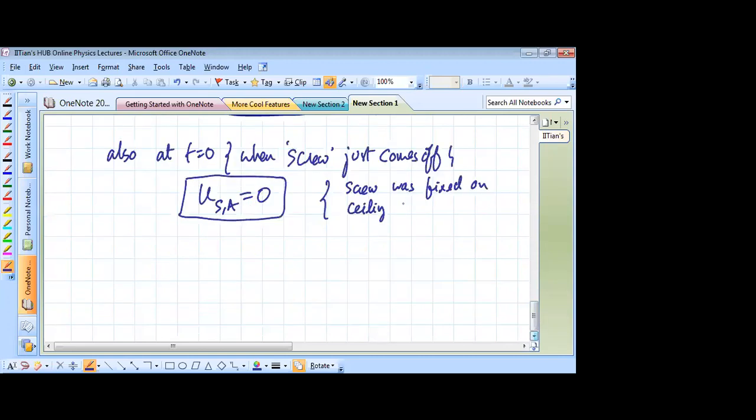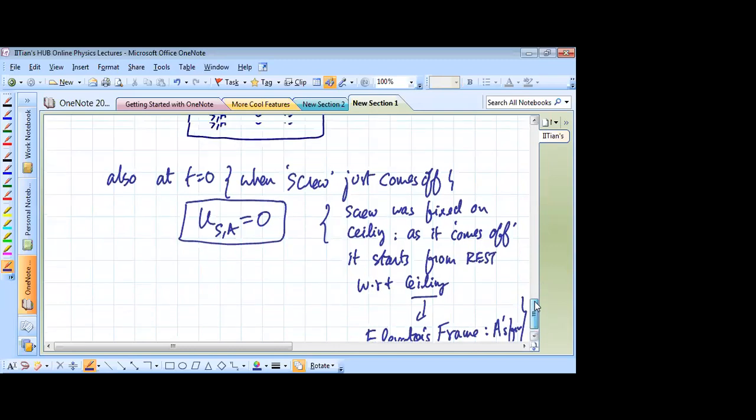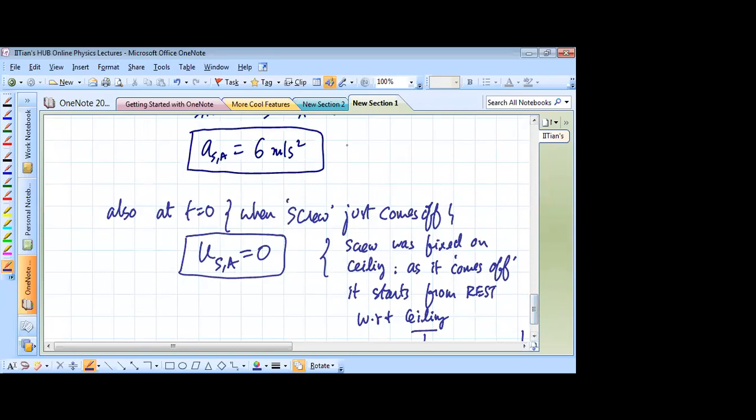So as it comes off, it starts from rest with respect to the ceiling. And the ceiling is basically the elevator frame, E's frame. So the ceiling and the elevator frame are one and the same. That's why the initial velocity of the screw with respect to E is 0, whereas the acceleration is 6 meters per second squared downwards.